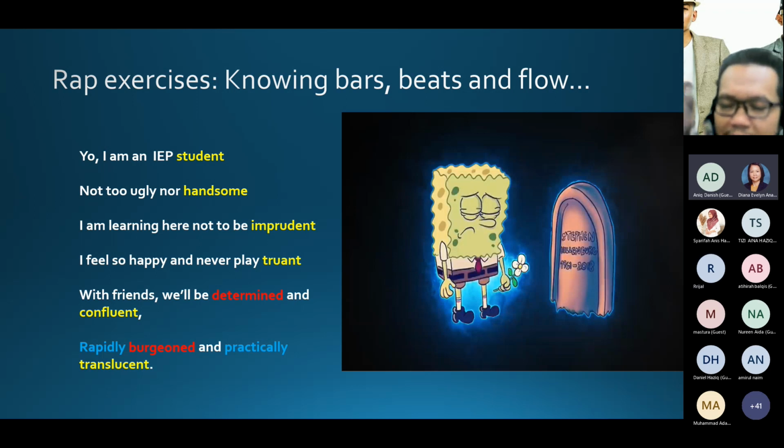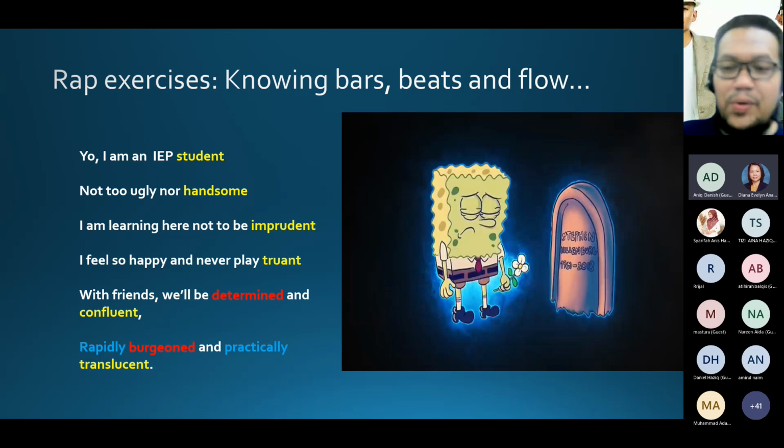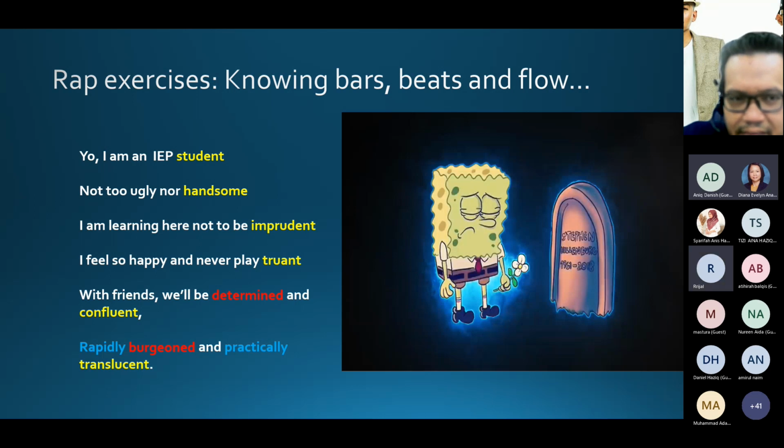Kat sini mula-mula tak payah rap lagi because dia intro. Belum lagi masuk. This is intro, you layan dulu. You cakap check 1, 2. Assalamualaikum. This is actually the intro. Belum, not yet. Rap. Okay, ready? Okay, ready. Okay, start.